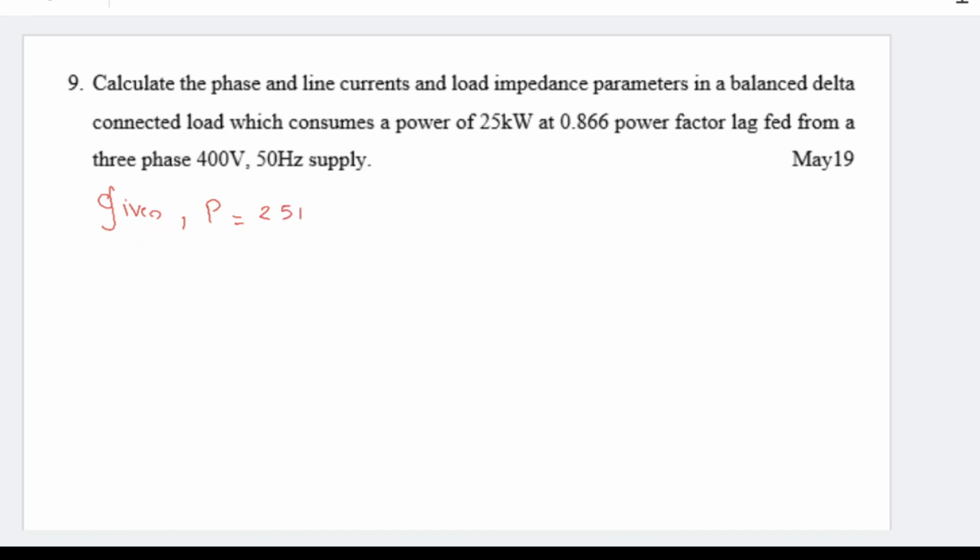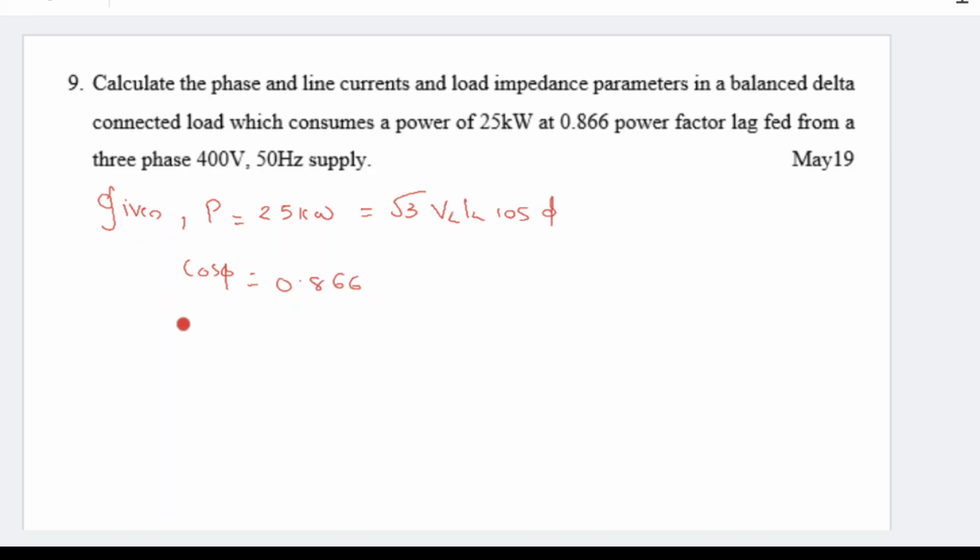So can you just tell me what is the equation? That will be equal to root 3 VL IL cos phi, and they have given cos phi is equal to 0.866, isn't it?